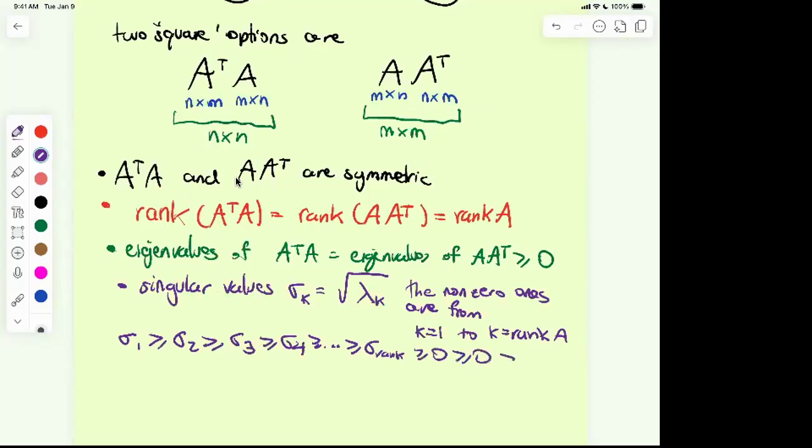The number of non-zero eigenvalues is the rank of the matrix, and the cool thing is that both matrices have the same rank, so we don't have to think about it. You always start with the largest singular value and then you go down, and eventually, at the rank of the matrix, they all collapse to zero.